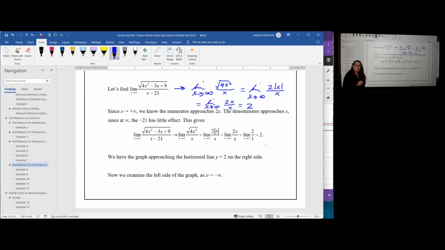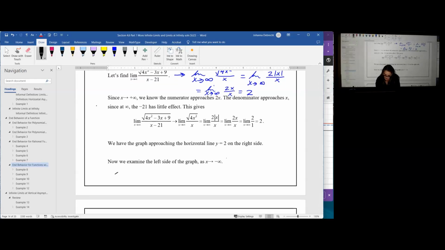Now let's take a look at what happens on the left side as x goes to negative infinity. Let's think about what happens to these relationships we see up here. If I were to take these relationships as x goes to negative infinity, I could write, let me scroll up a little bit, the limit as x goes to infinity of the square root of 4x squared over x, which becomes, as we're going to negative infinity, the limit as x goes to negative infinity of 2 absolute value of x over x.